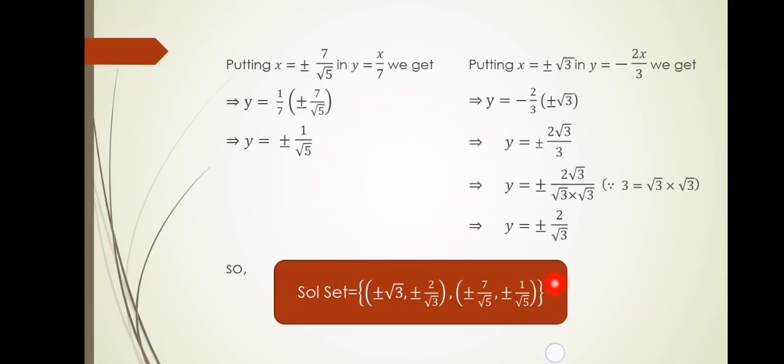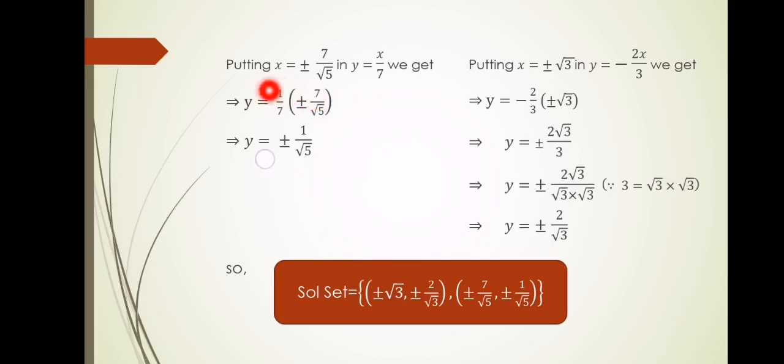Keep this thing in your mind that after finding out the value of x in terms of y and after finding out the value of y or value of x as equal to some particular value, we will deal with these values.